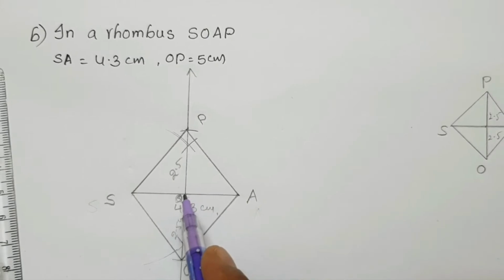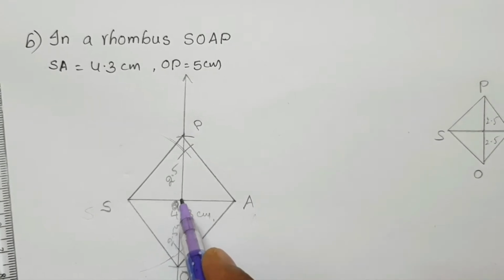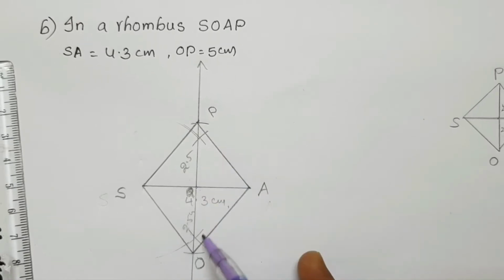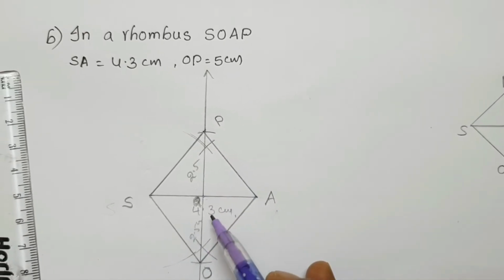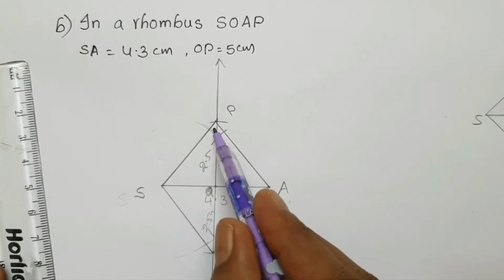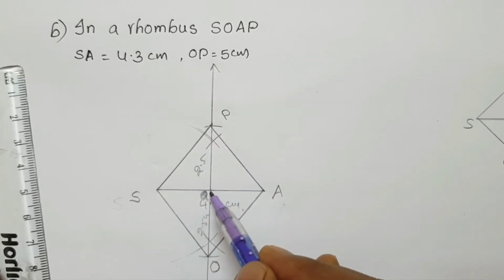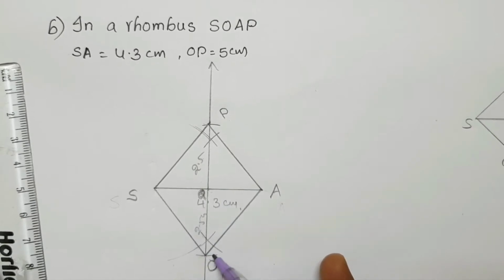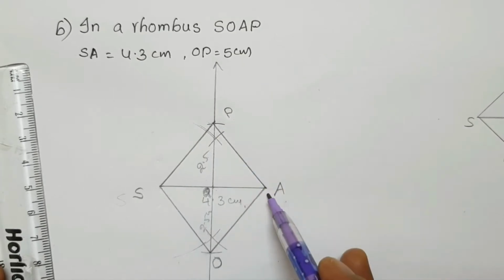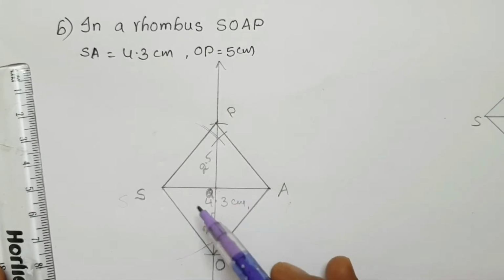In that perpendicular bisector, in the middle take the letter Q. OP is a total of 5 centimeters, half is 2.5. With Q as center and 2.5 centimeters as radius, draw an arc above and another below. Next join SP, PA, AO and OS. This is the required rhombus SOAP.